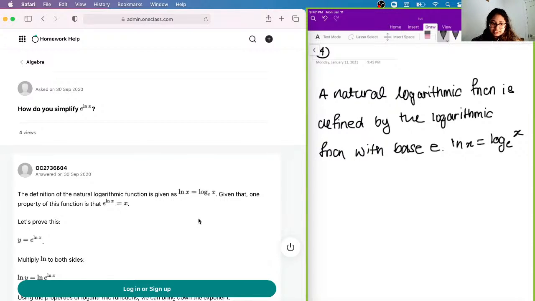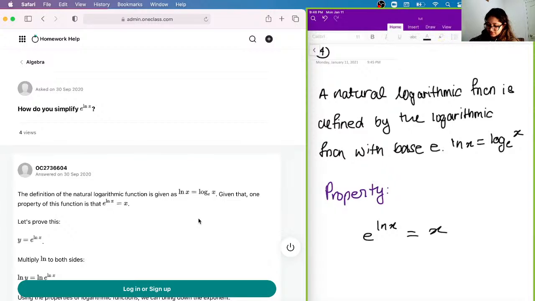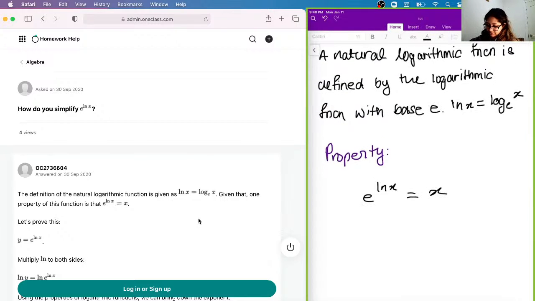So there's a property of your natural logarithmic function, that e to the power of ln of x is equal to x. Okay, this is because your e and your ln function are basically the inverse, or basically the opposite. So when you have them together, it would basically cancel out.